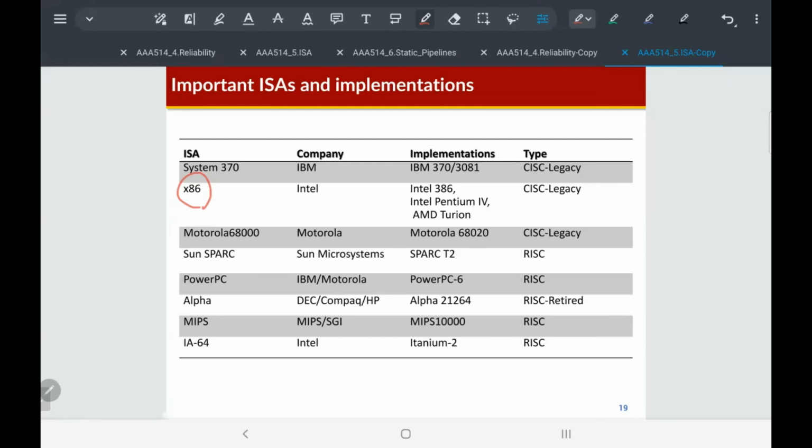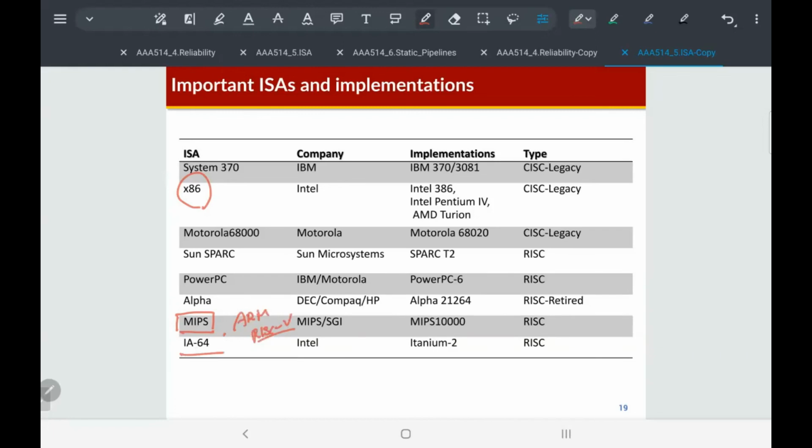And then you can find other RISC type ISAs like Sun SPARC and PowerPC, which is supported by IBM, and the Alpha, but we do not use Alpha CPUs. Okay, so there's the MIPS. Usually the MIPS is very popular, and recently RISC-V is also popular. So also we can find ARM or RISC-V here.